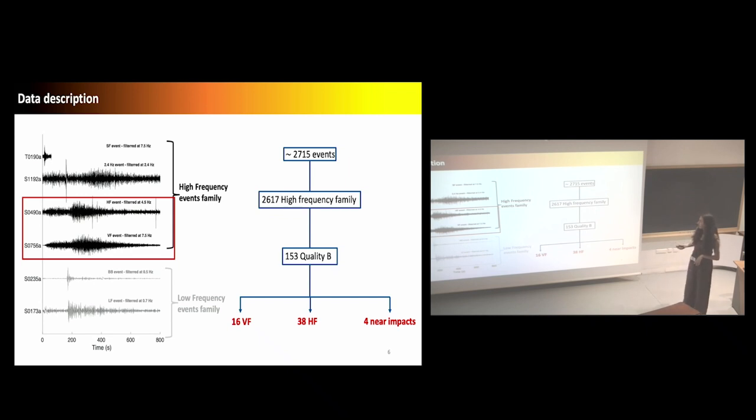But what we observe is that the main events here are from the high frequency family. And here what I'm going to present is a study that I made on this event by using the very high frequency event, and also some near impacts.